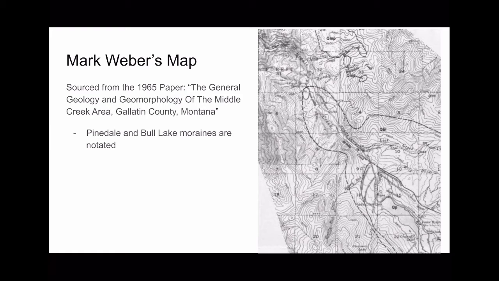The Pinedale comes in 3 sets of hatches just north of the reservoir, and further down you have the Bull Lake deposits. Mark Webber does not distinguish in his map whether these deposits are recessional, lateral, or terminal moraines, but we can make assumptions based on our lab and a spatial relationship between these that the last moraine is going to be terminal with flanks that are lateral, and the 3 sets of moraines are recessional, with the last one being a terminal for the Pinedale glaciation.